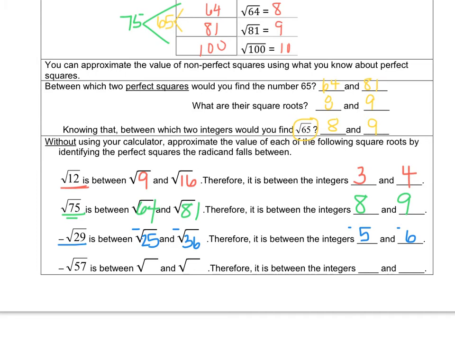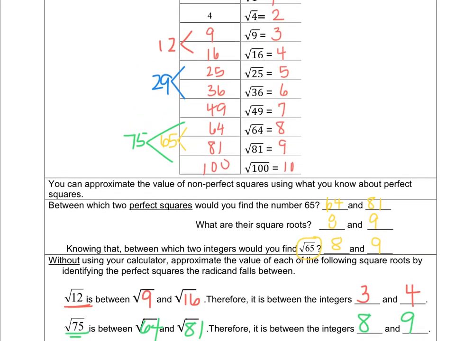So the same thing for the negative square root of 57. We'll just bring the negatives over here, and the negatives will be in our final answer. So if we go back up to our list, 57 comes between which two integers? It comes between 49 and 64.